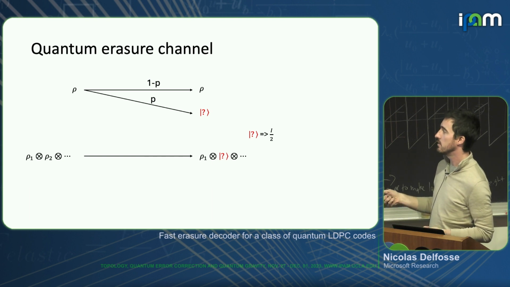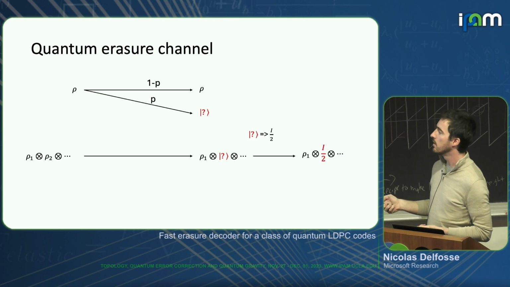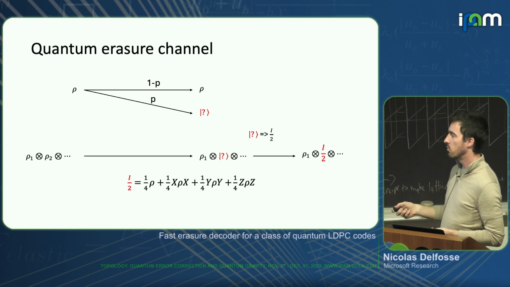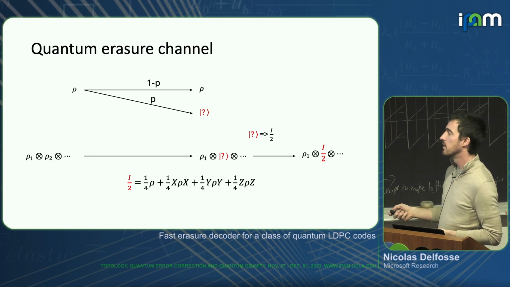And we can do the same thing. We can say, this orthogonal state, let's replace it by a maximally mixed state. And so if I do that, I get something like that. And this maximally mixed state, we know that it satisfies this identity. So it's equal to a quarter of our state with no noise, our state with X noise, Y noise, or Z noise.